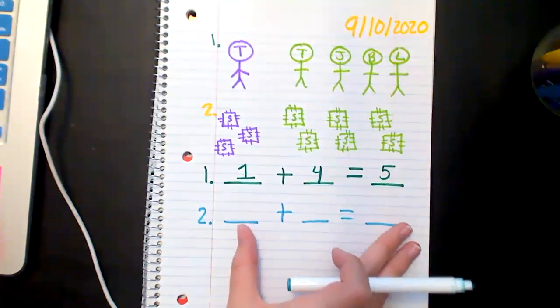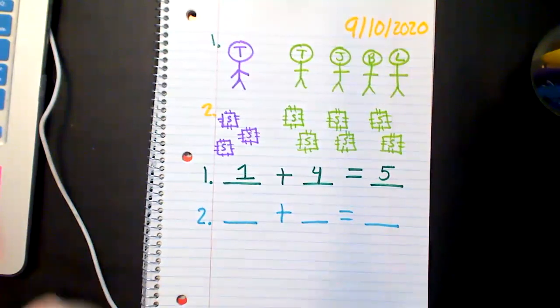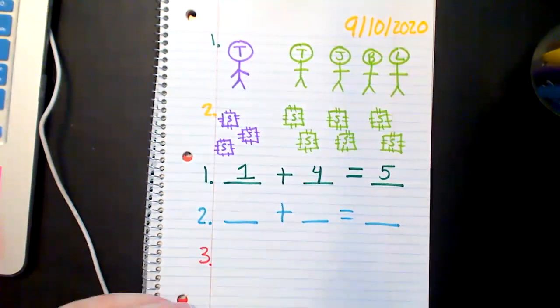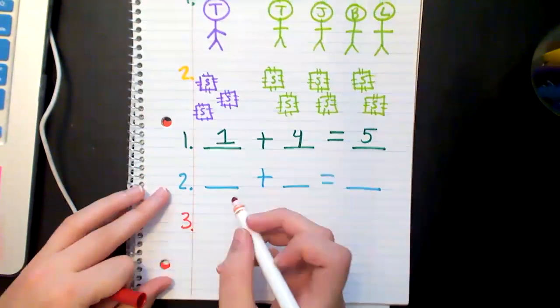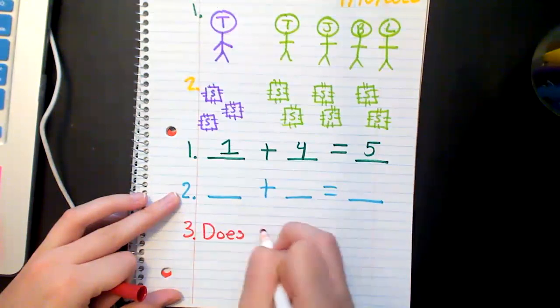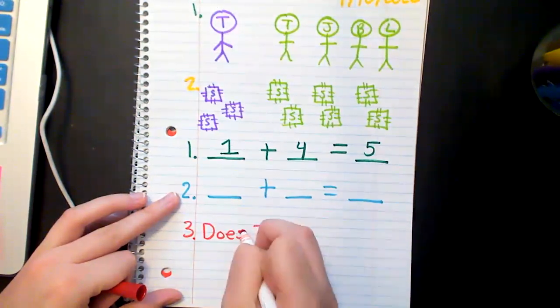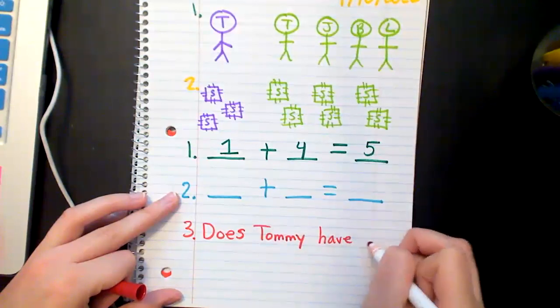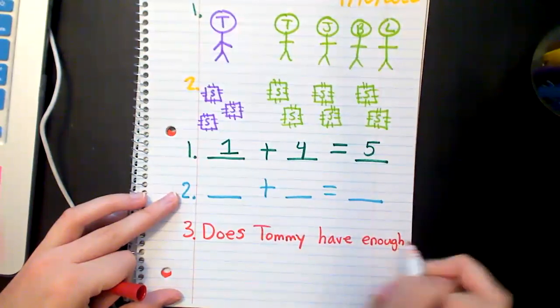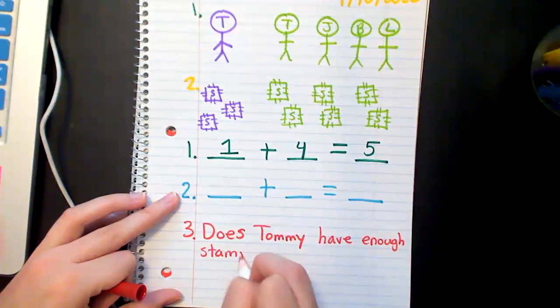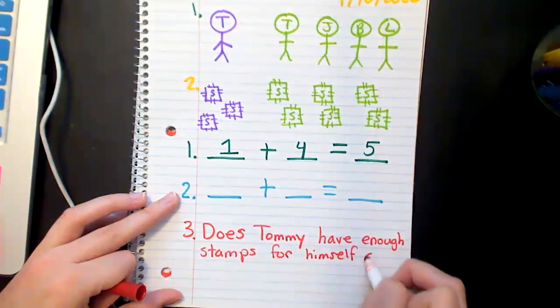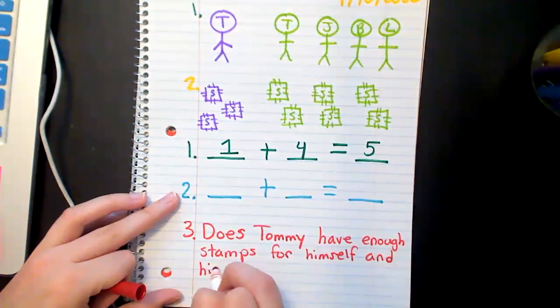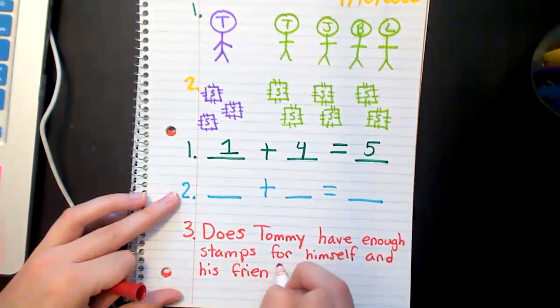After you've figured out how many stamps he has in all, the sum of the stamps, for the third question, I want you to answer this one and see, does Tommy have enough stamps for himself and his friends?